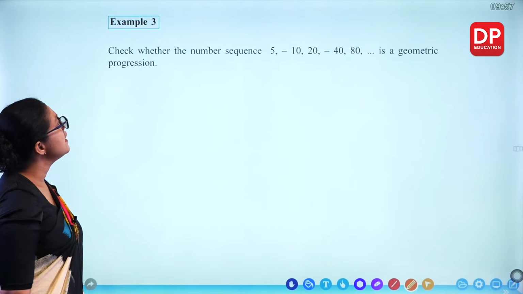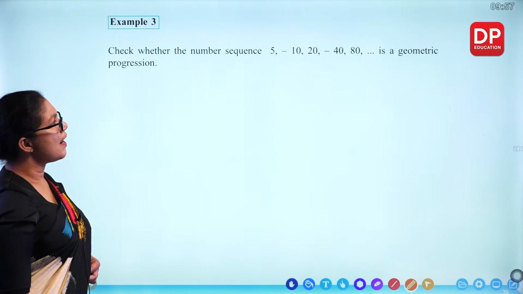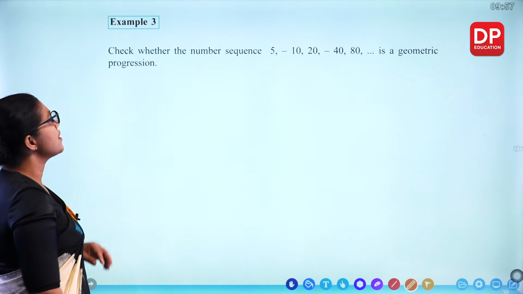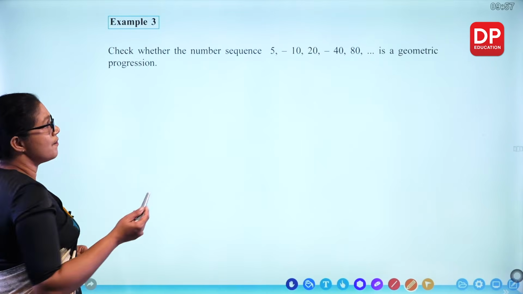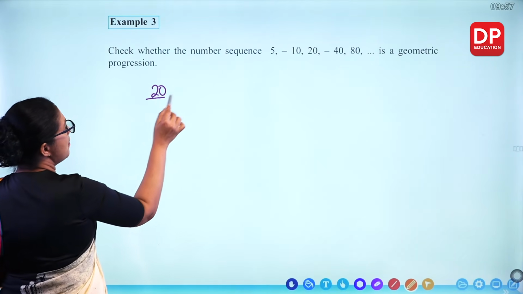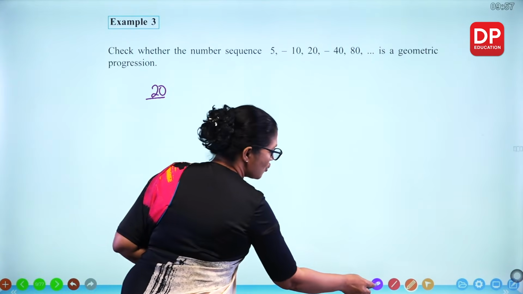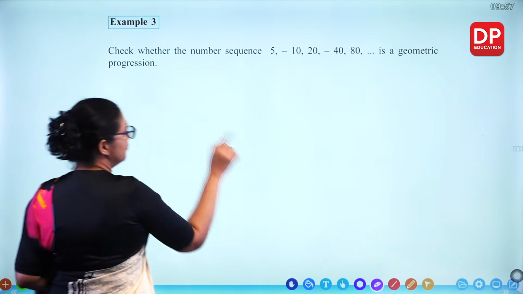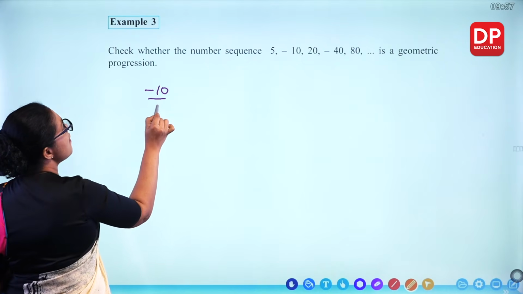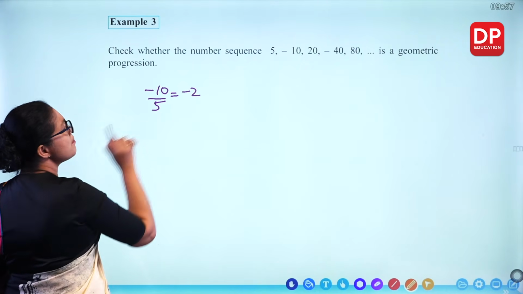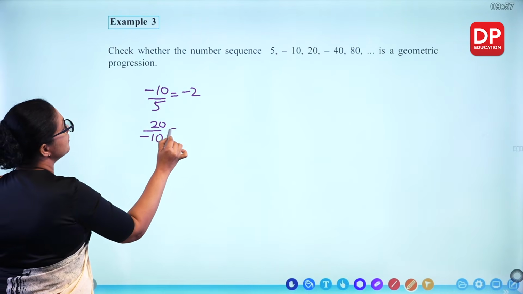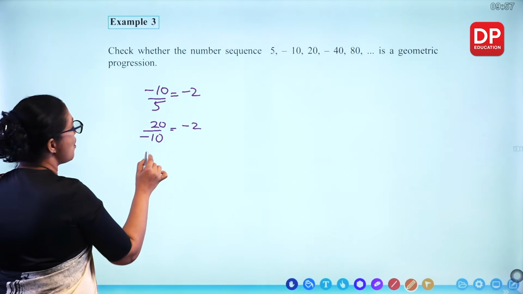Example number 3. Check whether the number sequence 5, minus 10, 20, minus 40, 80 is a geometric progression. So what's the first step? Take any term, divide by the previous term. First I'll check the first and second terms. Minus 10 divided by 5, you get minus 2. 20 divided by minus 10, minus 2.